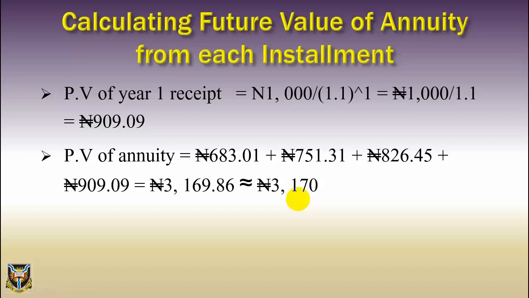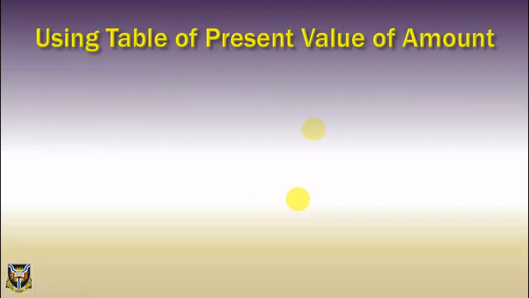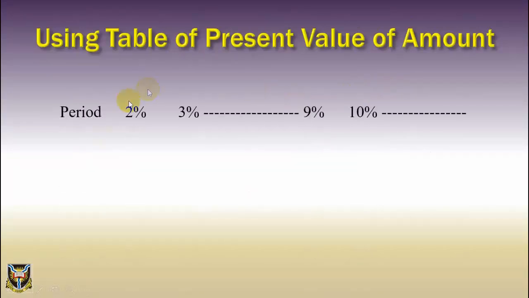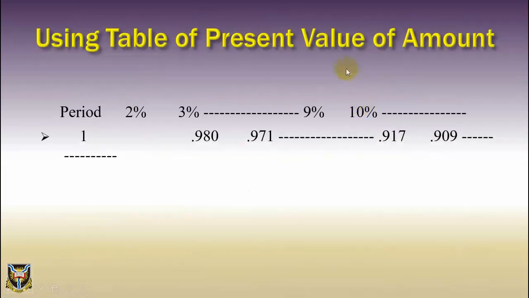K. Using table of present value of amount, periods, 2%, 3%, 9%, 10%. Period 1: 0.980, 0.971, 0.917, 0.909.